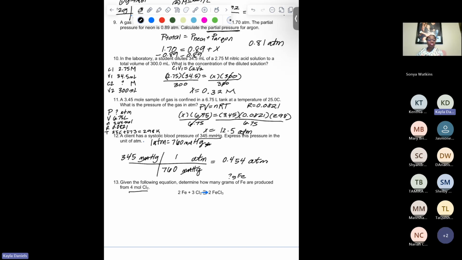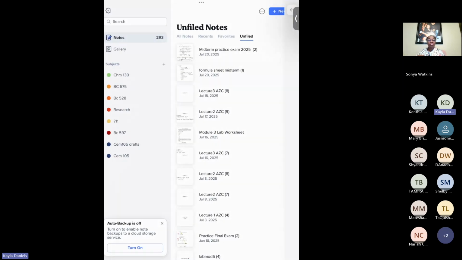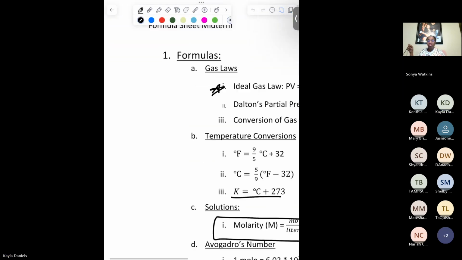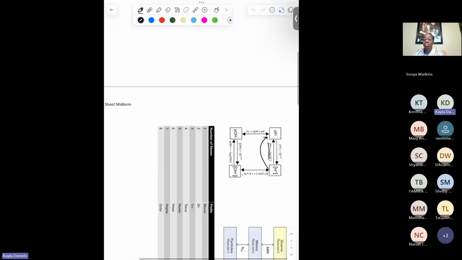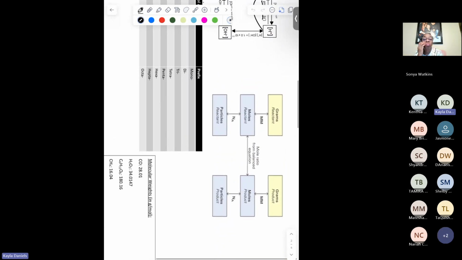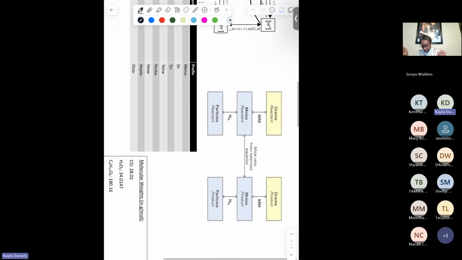On the reference sheet, I have the diagram over here. I can't remember if it's a reactant or a product, but the steps are going to be the same. Let's say we're starting in moles, and we want to end in grams of another substance.